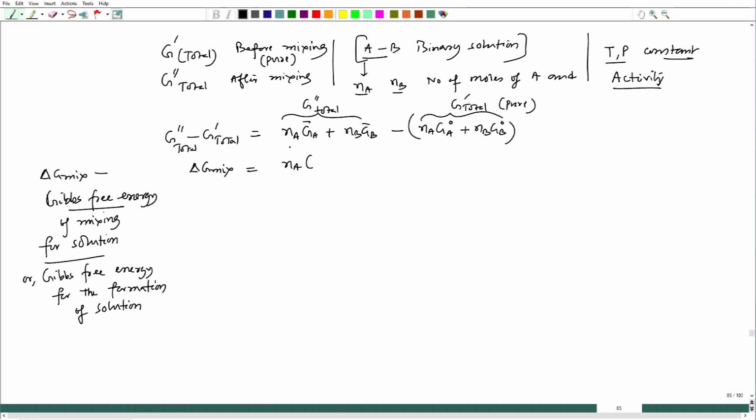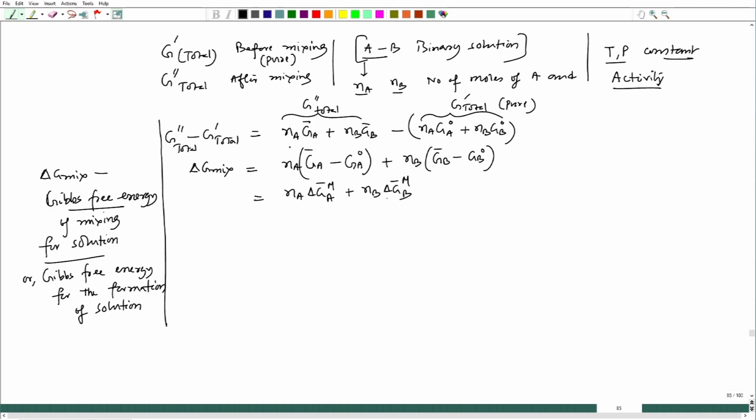Okay. So, then Na Ga bar minus, we can write this, and this becomes Na delta G M A plus Nb delta G M B. So, this is actually for the total. Physically, it is the total free energy of mixing for the solution, or the free energy for the formation of the solution.